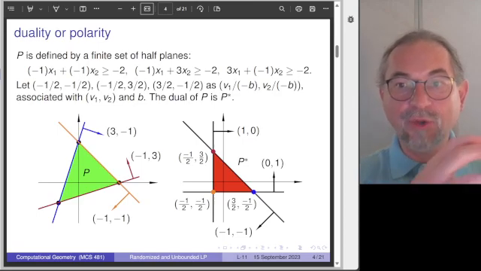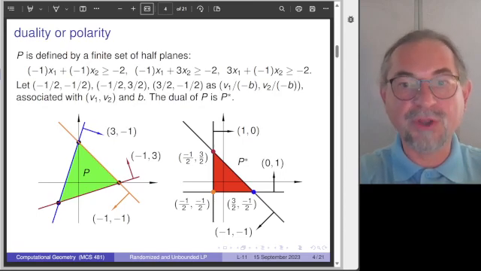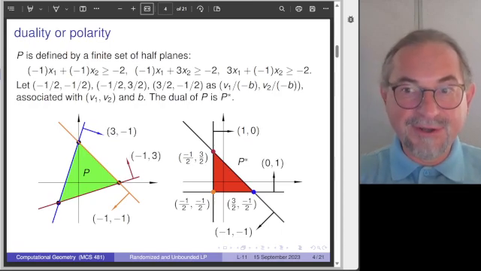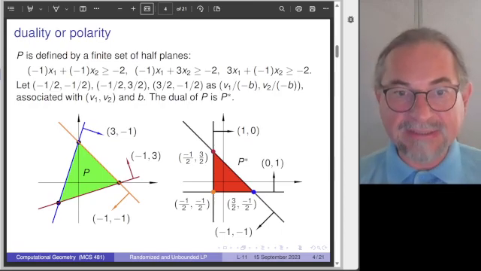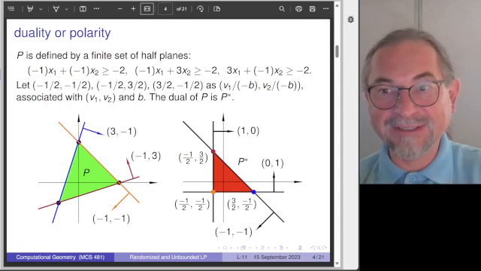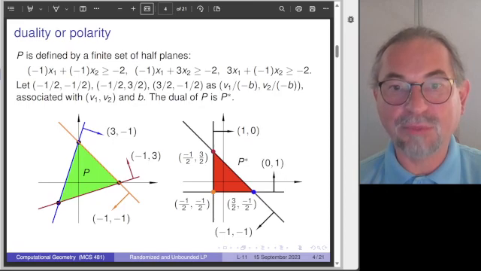So the normals in the original green polygon become the vertices in the red polygon. The points of the original polygon become the normals of the red dual polygon.